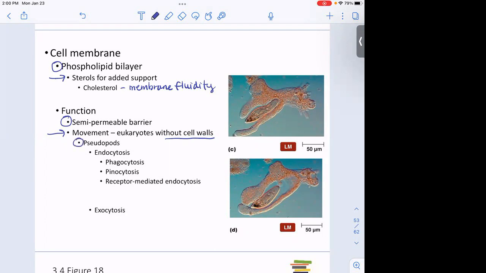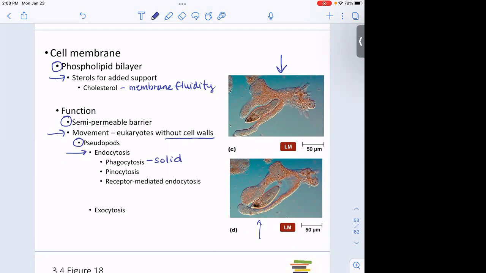Pseudopod extension can also give the cell a special kind of transport called endocytosis. Okay, so in this amoeba here, it's extending pseudopods around a paramecium, it looks like, and it's going to digest that paramecium for some food.